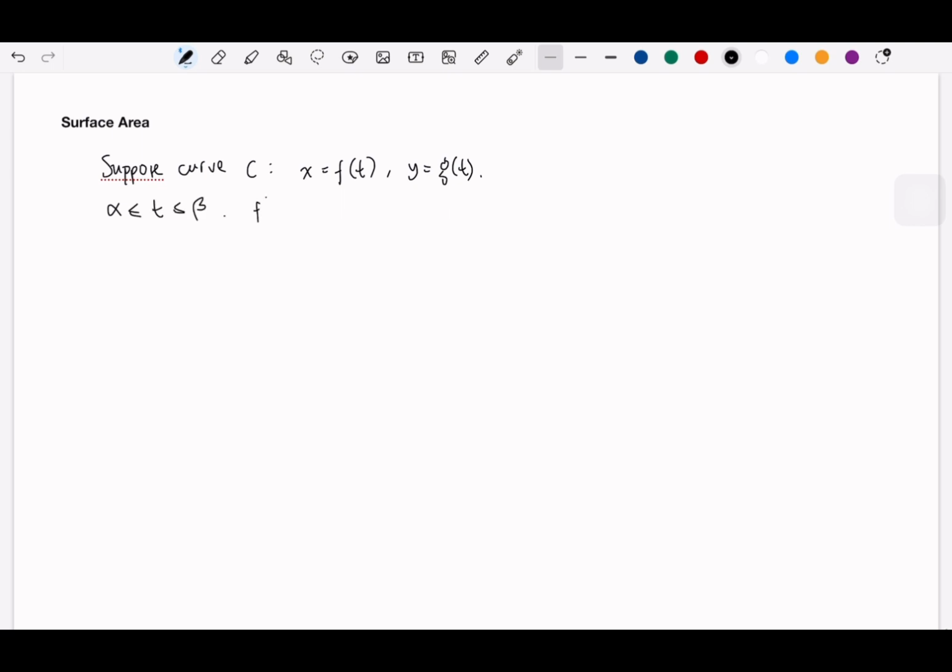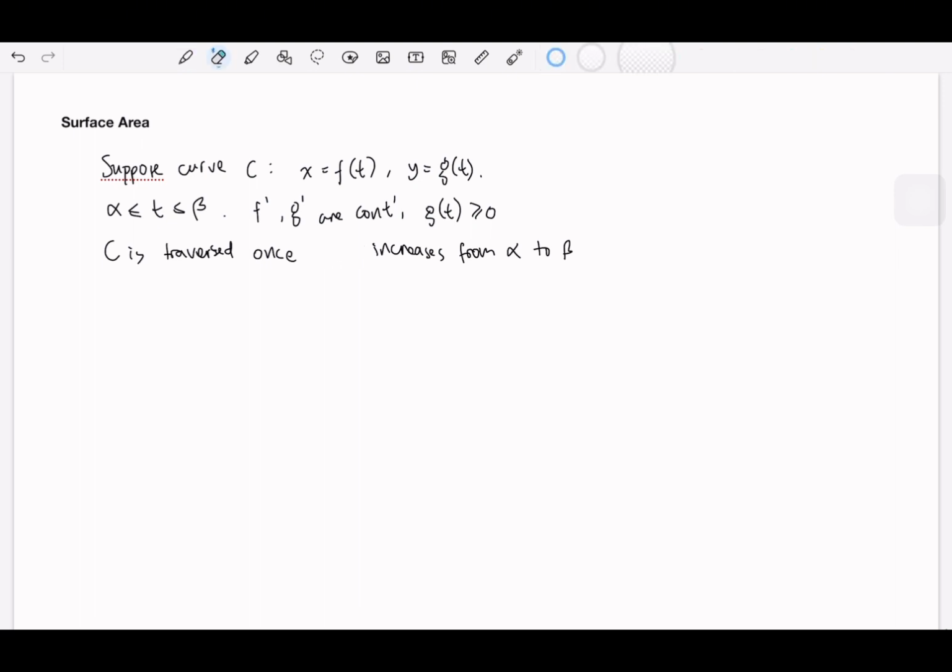Then we define that f prime and g prime are continuous, and g of t is a positive function, and C is traversed once as t increases from alpha to beta.